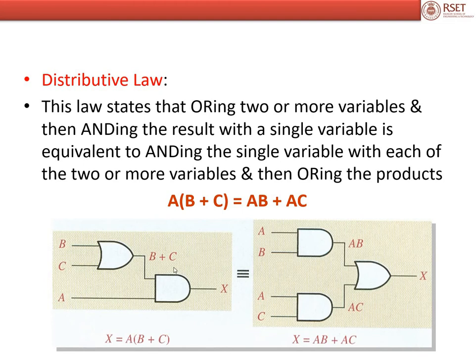It is also shown using gates. Here our input variables are A, B and C. B and C are ORed first, then it is given to an AND gate as one input and the other input will be A. In the other circuit, two AND gates are used, in which the first AND gate will have the inputs A and B, the second AND gate will have the inputs A and C, and both are then given to the OR gate.